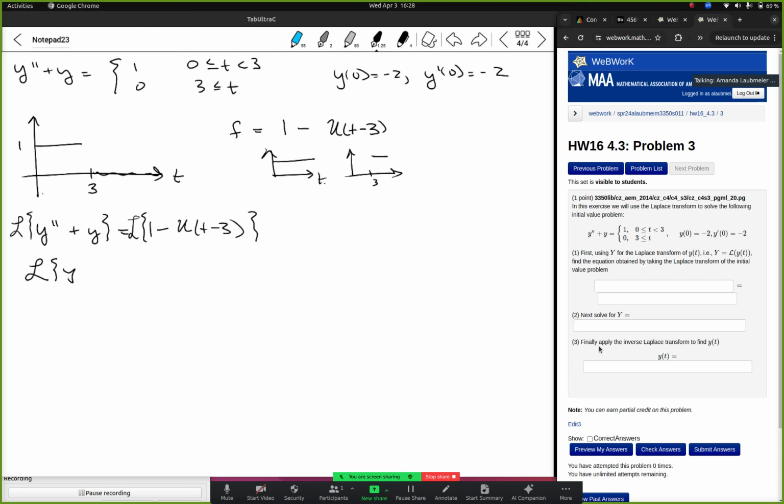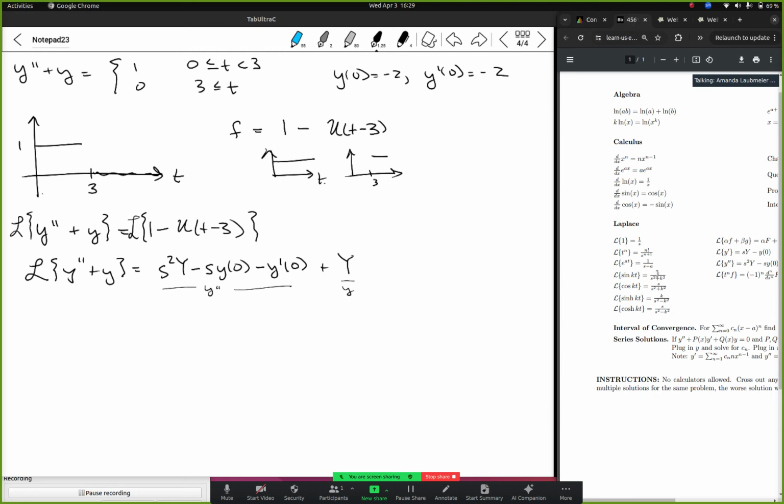So the Laplace of y double prime plus y is going to give me s squared capital Y minus s times y of 0, minus 1 times y prime of 0. I should write the formula. That's just my y double prime. And then plus capital Y for my y here. I want to make sure I did that formula right.